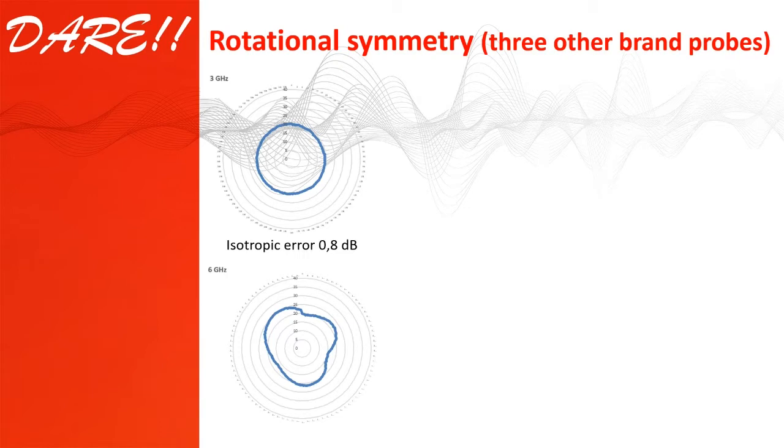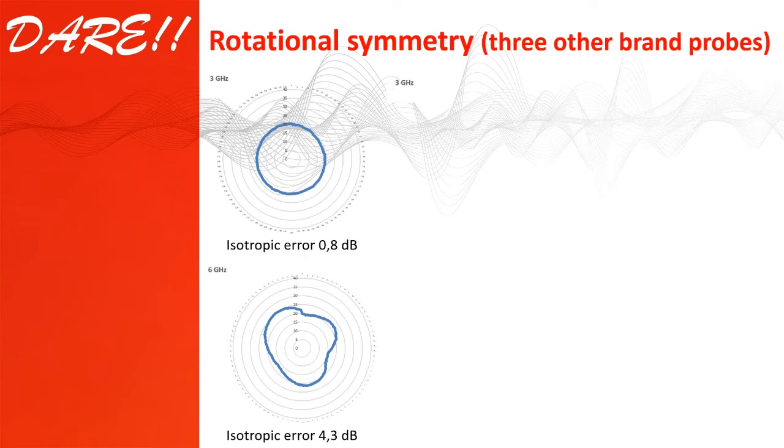The positions X, Y, Z are relatively the same, so these are okay, but in between the antenna elements, it starts to give larger errors. At 3 GHz, it was 0.8 dB, but at 6 GHz, it's already 4.3 dB. And this is, I can already say, the best of the competition we have seen.